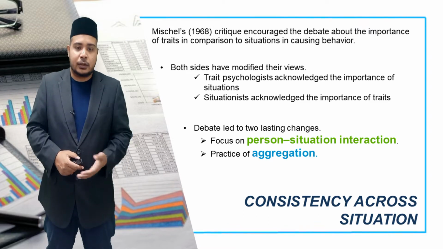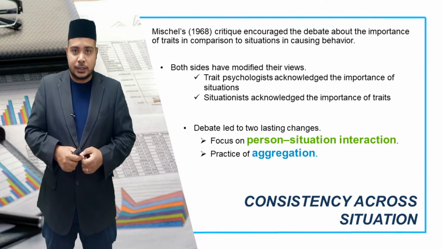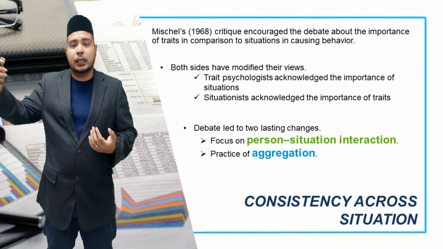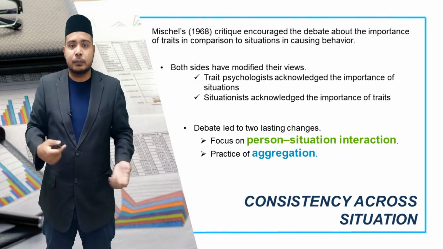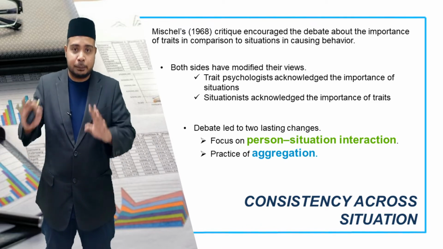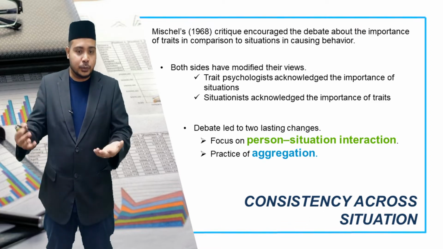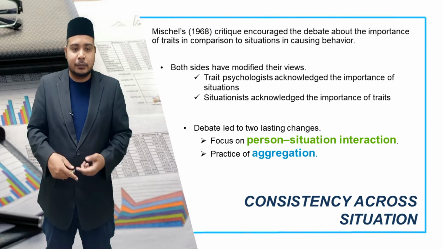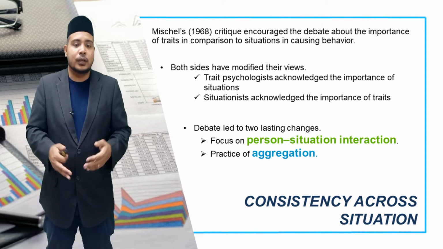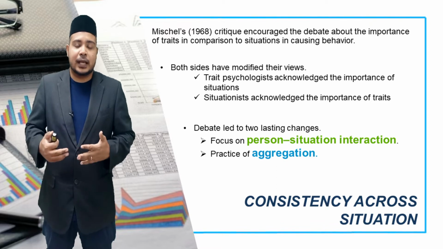Trait psychologists started to acknowledge the importance of situation. It is not only personality traits that determine our behavior; there is also the influence of the environment, the situation where someone is at that particular time, living or doing things. At the same time, situationists also acknowledged the importance of personality traits.